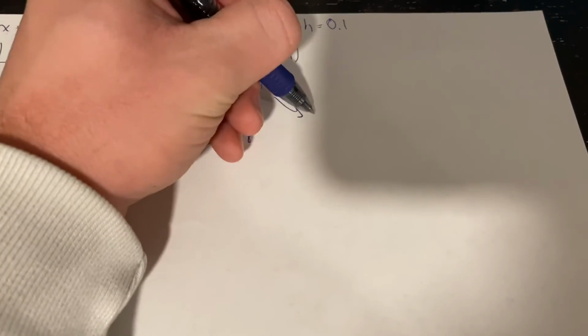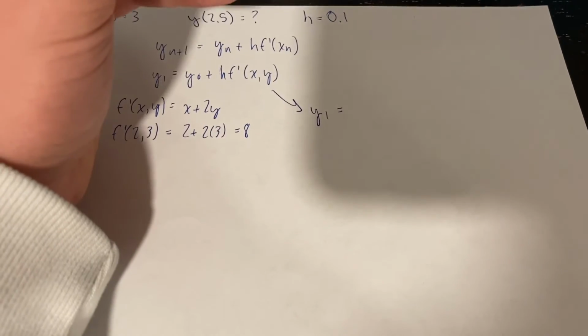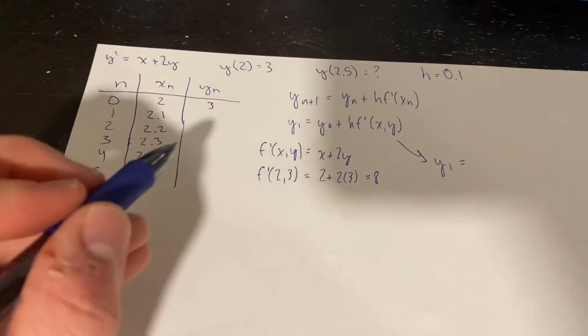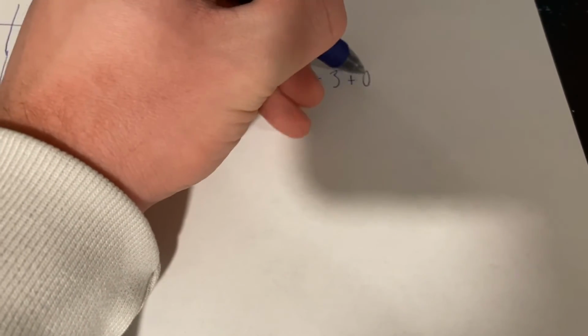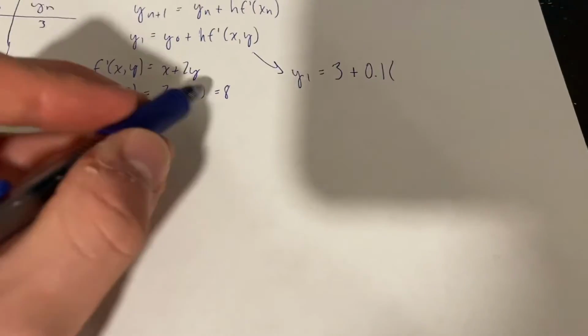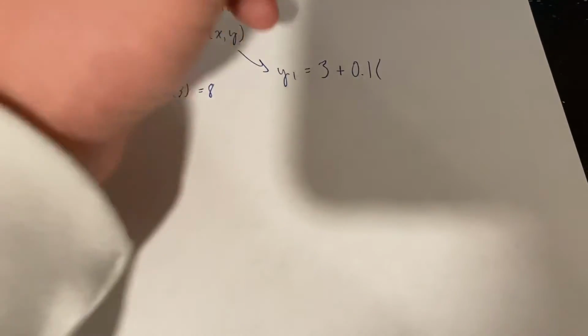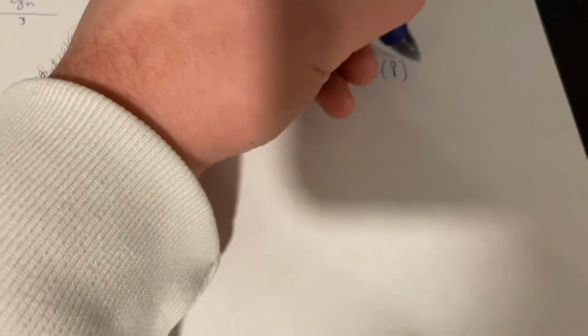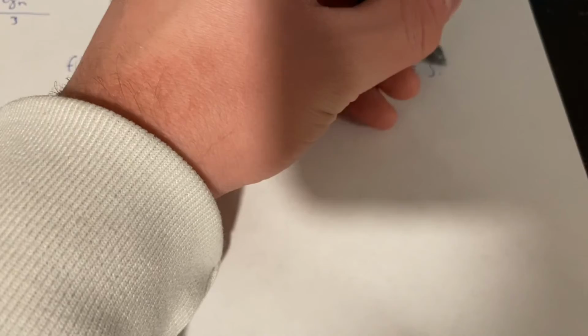We're going to have y sub 1 equals y sub 0, which we know to be 3, plus the step size, 0.1, times this value, 8. And that's going to give us 3.8 for our y sub 1.